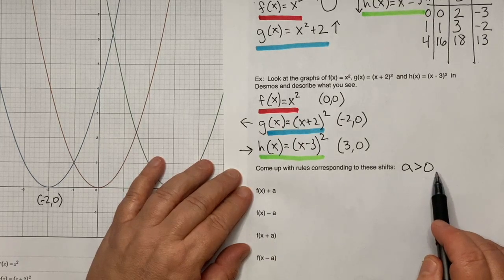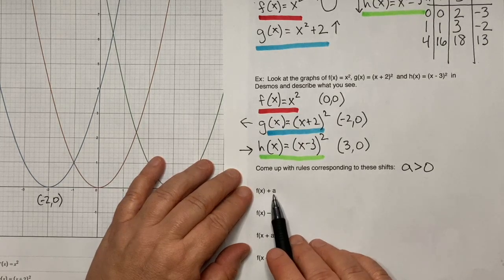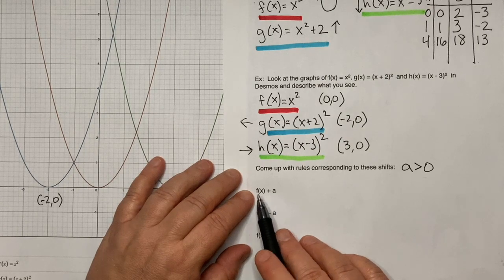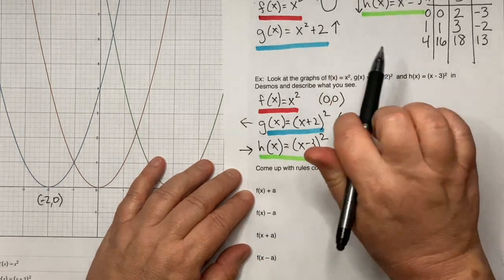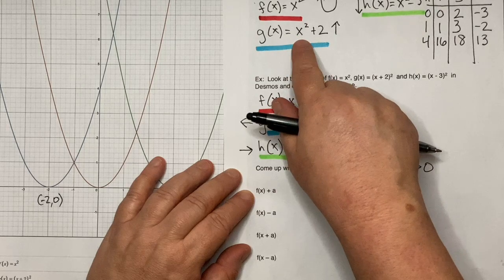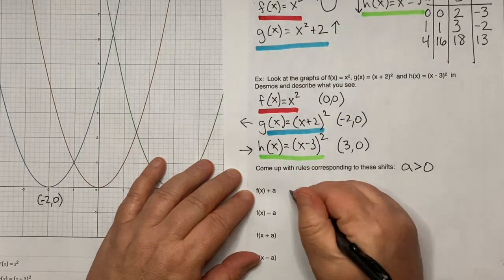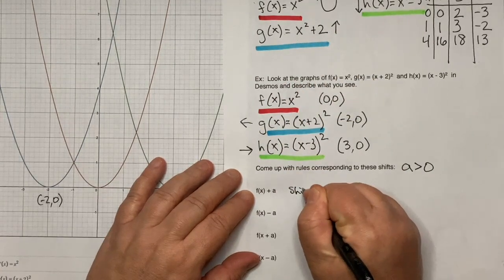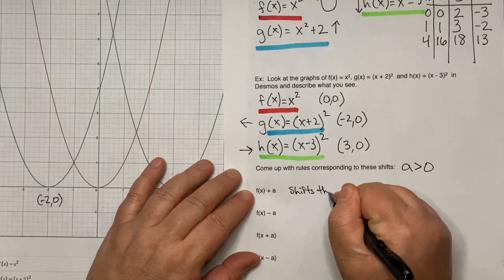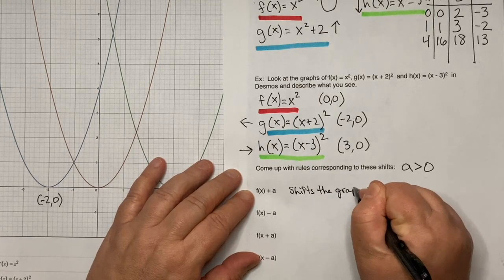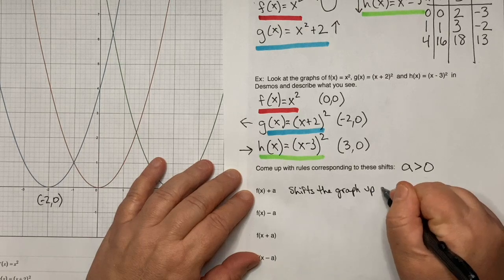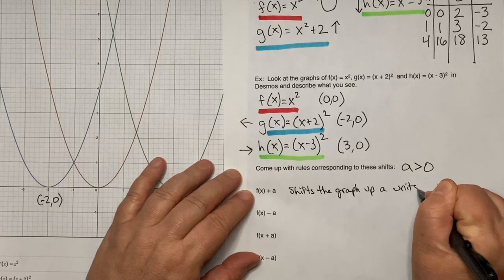So make sure a is positive. But if a is positive and you add it outside of the function, you square x and then you add 2, then that shifts the graph up a units. Does that make sense?